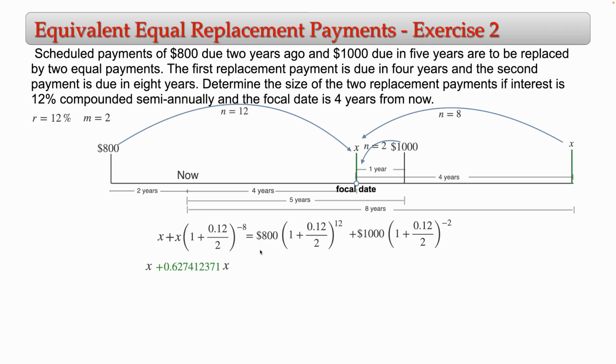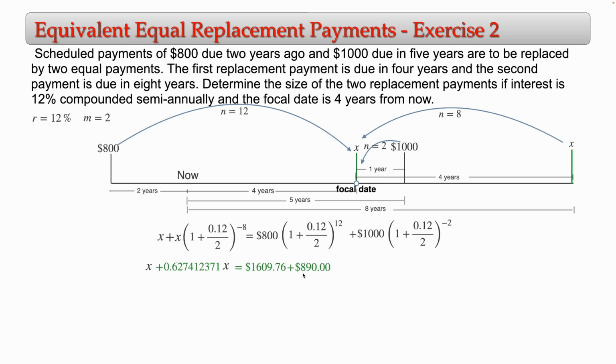Equal 800 multiplied by 1 plus 0.12 over 2 to the power 12. I get 1609.76. Plus the other number, 1000, open bracket, 1 plus 0.12 over 2, close the bracket, to the power negative 2. And I get 890, exactly.